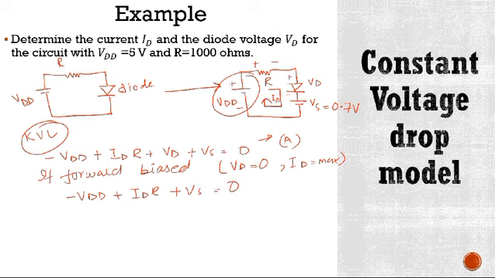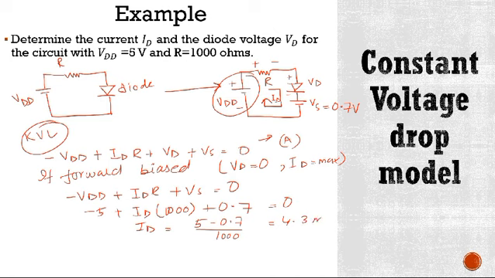and after putting in our given values it will be minus 5 plus ID times 1000 plus 0.7 is equal to 0. ID is equal to 5 minus 0.7 divided by 1000 is equal to 4.3 milliampere.